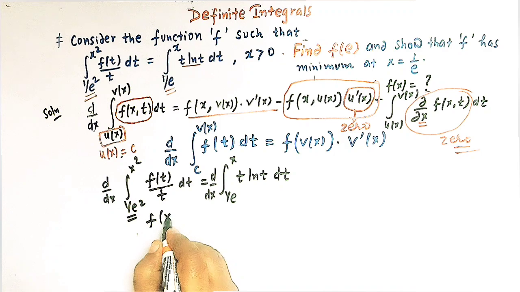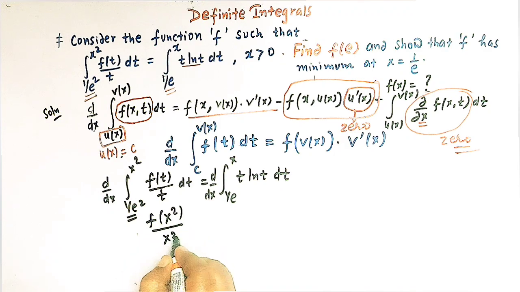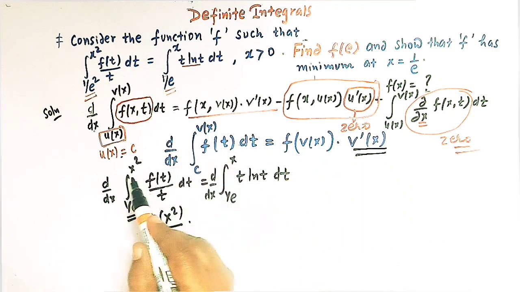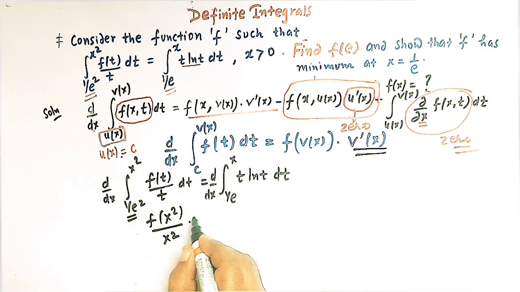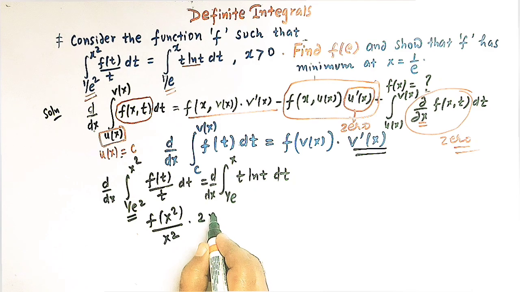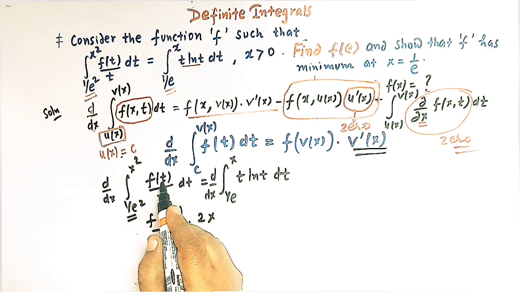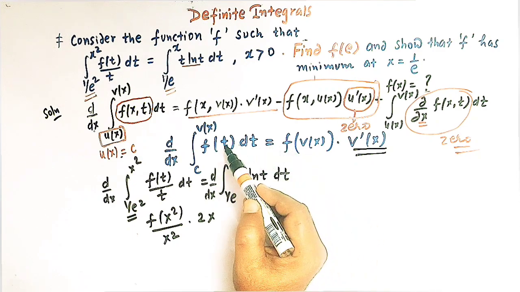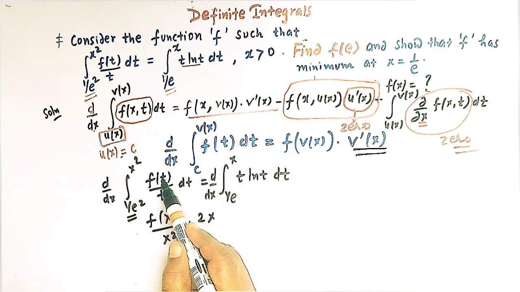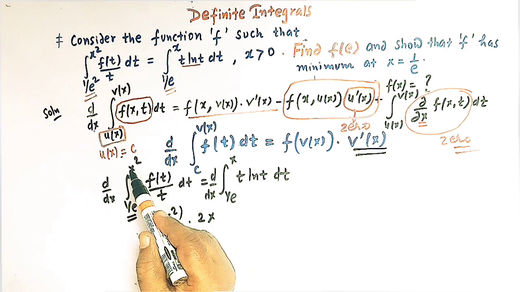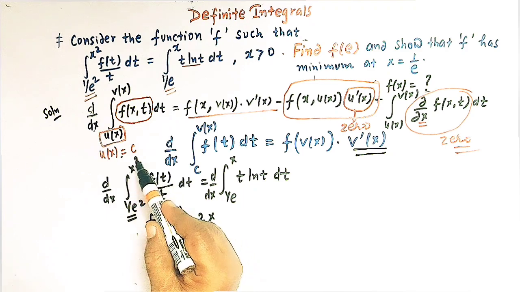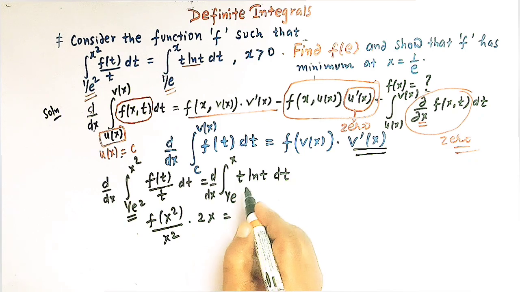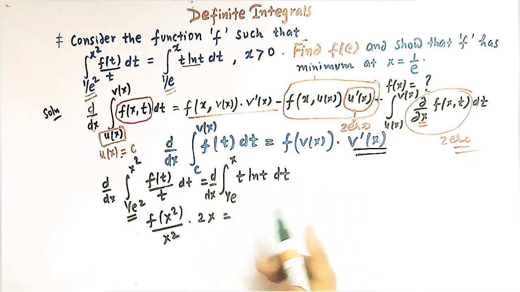So we have f of x square over x square, and then we take the derivative of v of x. So here v of x is x square, so the derivative of x square is 2x, right? So what we have done here, using this result, we have replaced t by v of x. So here we have these two t's, so replacing these two t's by x square and then taking the derivative of x square.